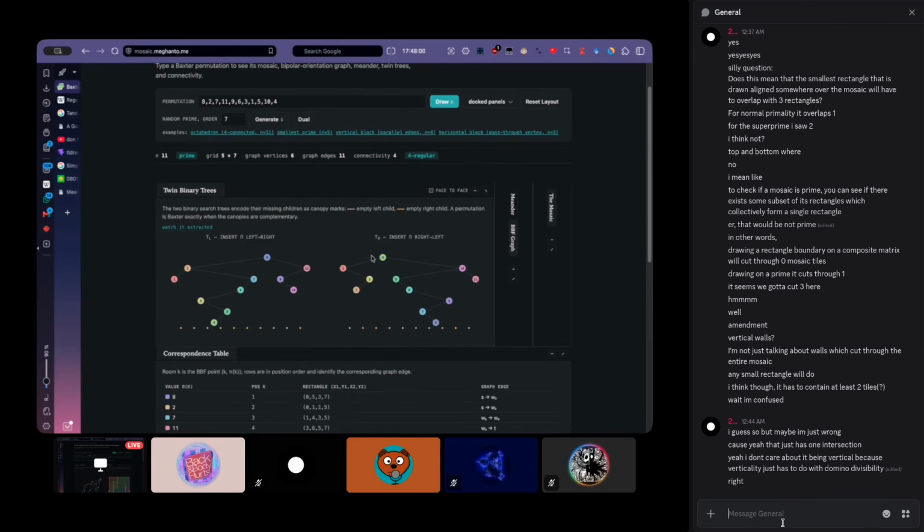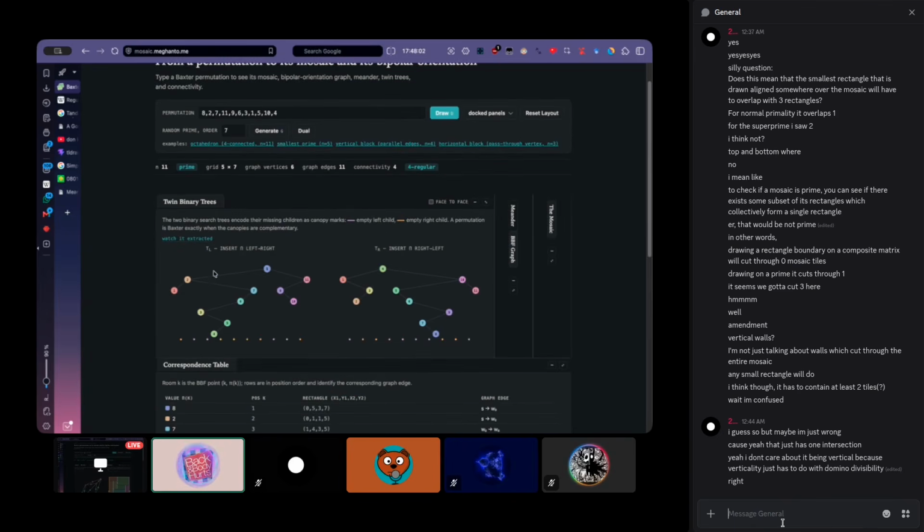Better? Okay, so 8, 2, 7, then 11 goes here, 9 goes here, then 6 is small, then 3, then 1 goes from here to here, and then 5, and then 4. And there's also 10 that goes here. And if you look at it from this way, first comes 4, then comes 10, then comes 5. You get the gist.